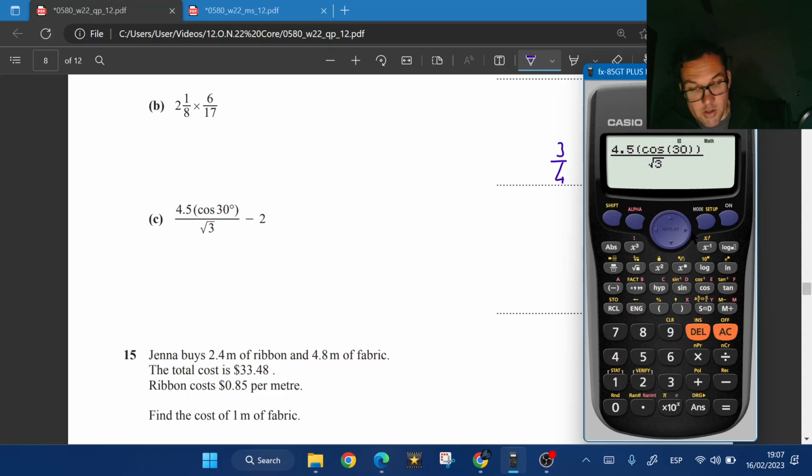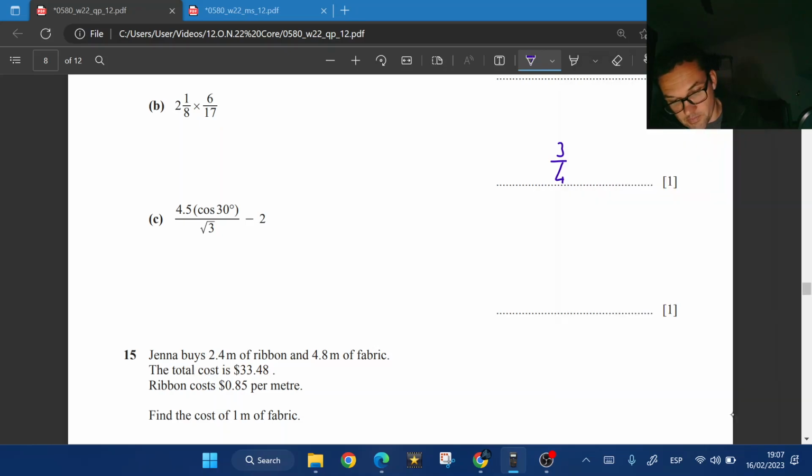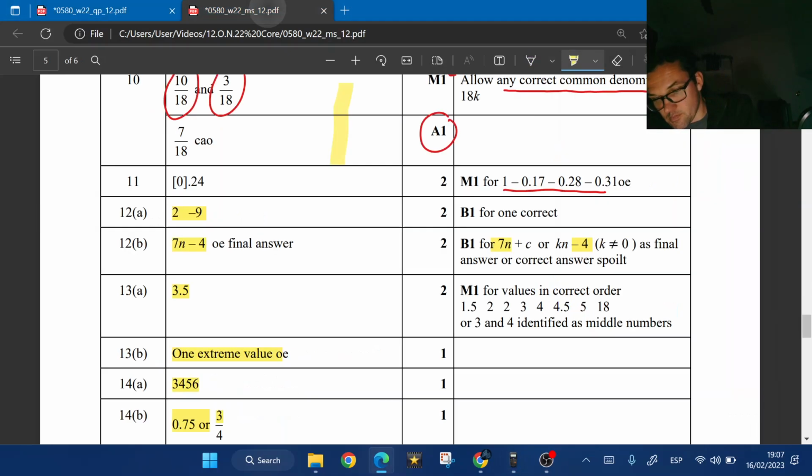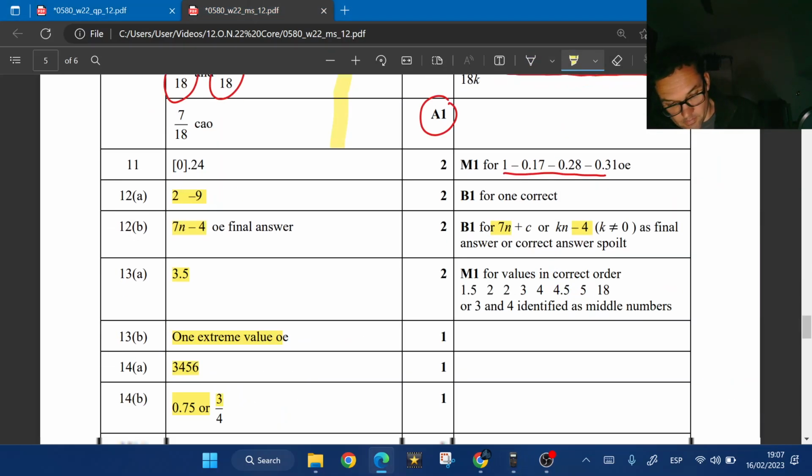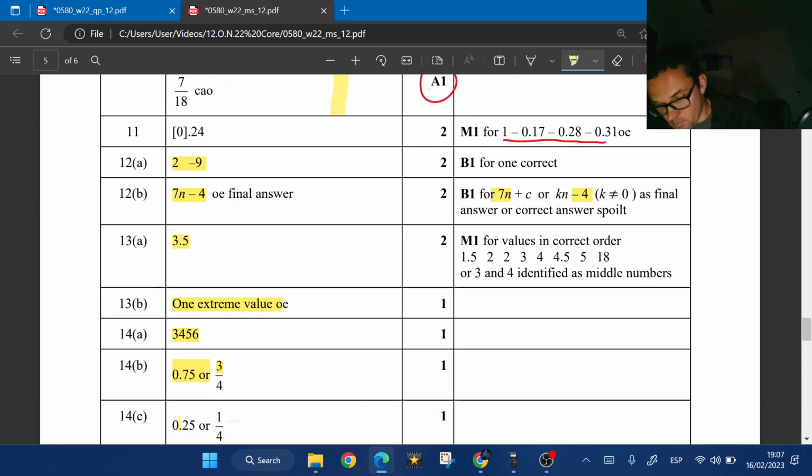What's important here is using these arrow buttons to make sure you move the indicator to the right place, putting in the right amount of brackets, and then we got 1/4. Which you can write as a decimal as well if you want.